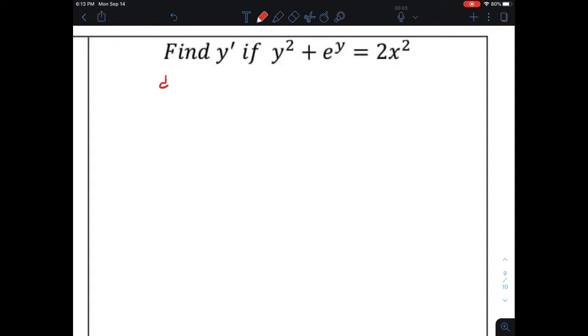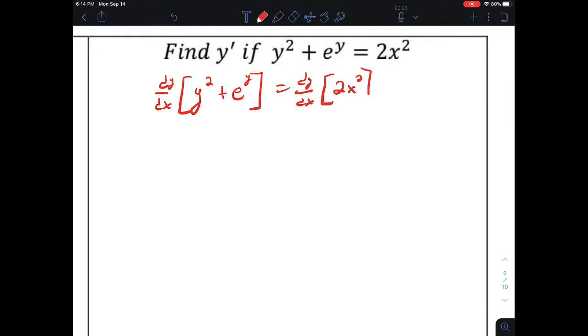So I start taking the derivative with respect to x of everything: the derivative with respect to x of y squared plus e to the y power is equal to the derivative with respect to x of 2x squared.